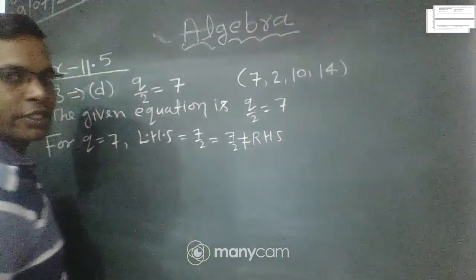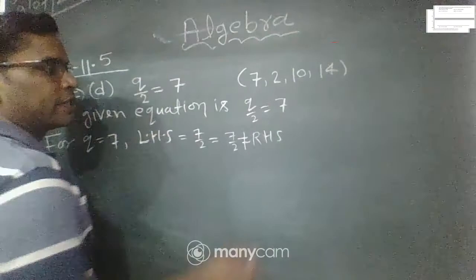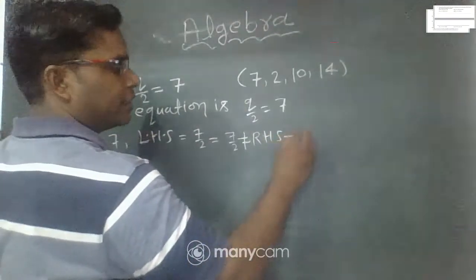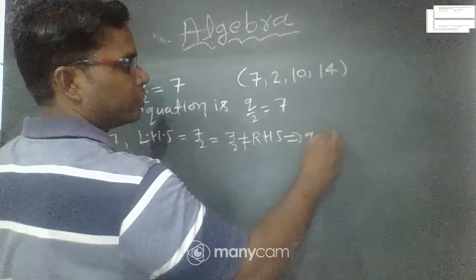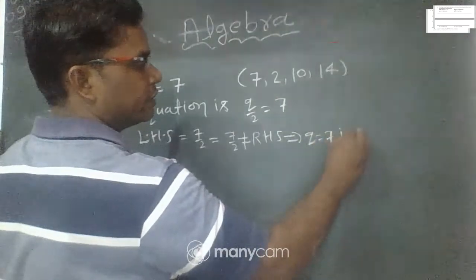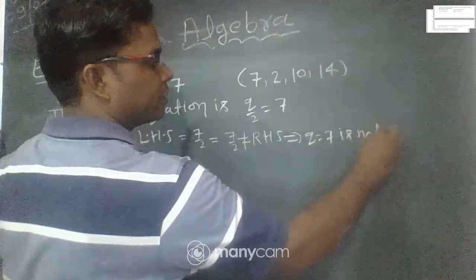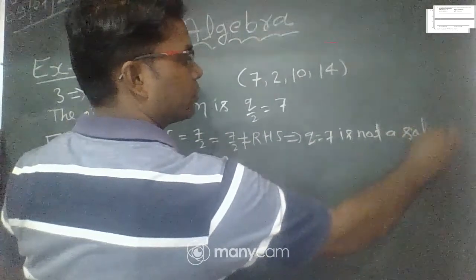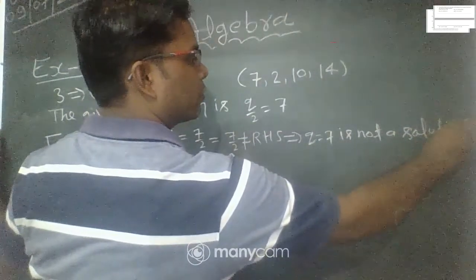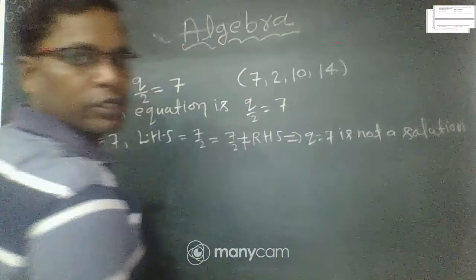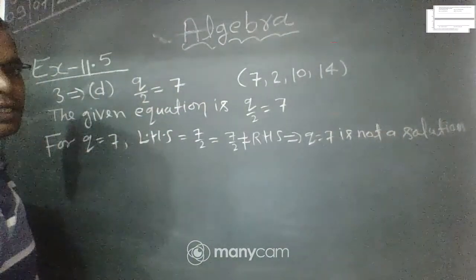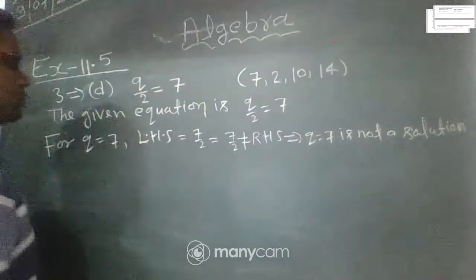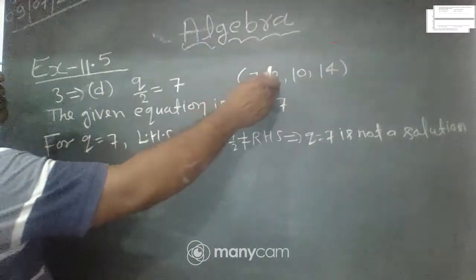And this implies that q is equal to 7 is not a solution. Okay, q is equal to 7 is not a solution. So we will take the next number.